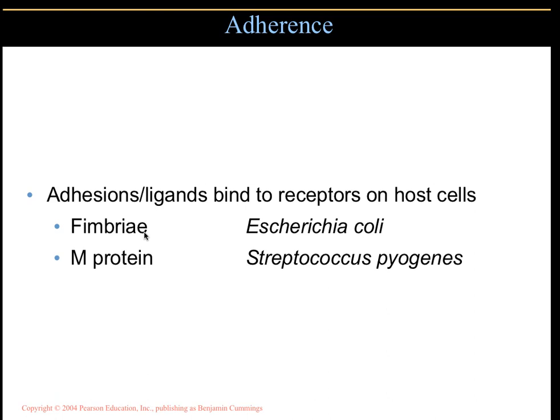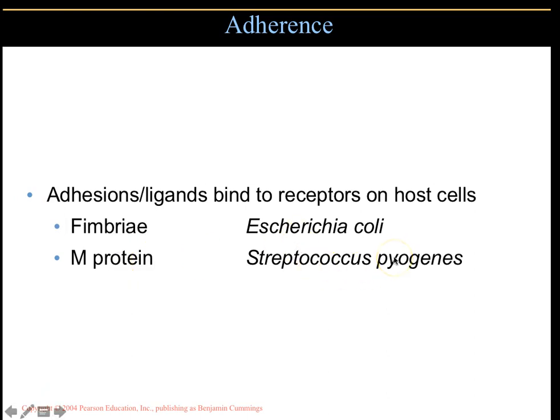So the problem is that these short little hairs or fimbriae on the E. coli make it very easy. Think of them like Velcro, that they can stick to the sides of the lower gastrointestinal tract, and it's very difficult to remove. And then once they are stuck there, they then can make their toxins and kill.